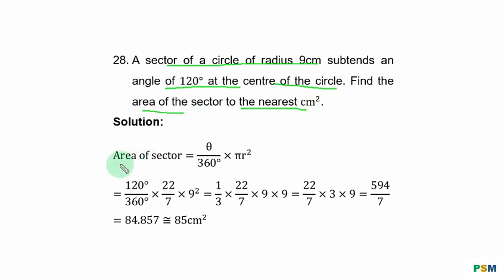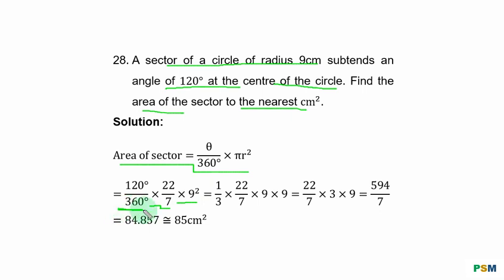Solution. Area of sector is given by this formula. The angle of the sector is 120 degrees. You have this fraction times pi, 22/7, times radius square, which is 9 square.